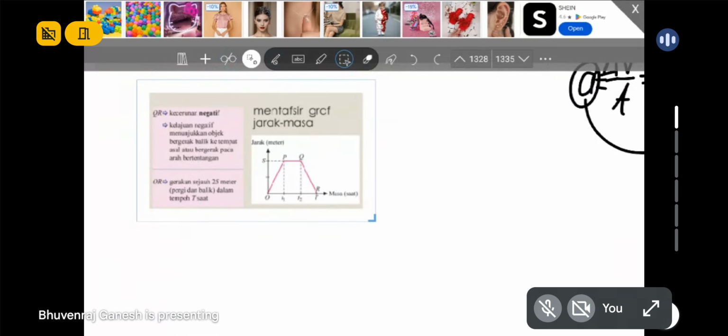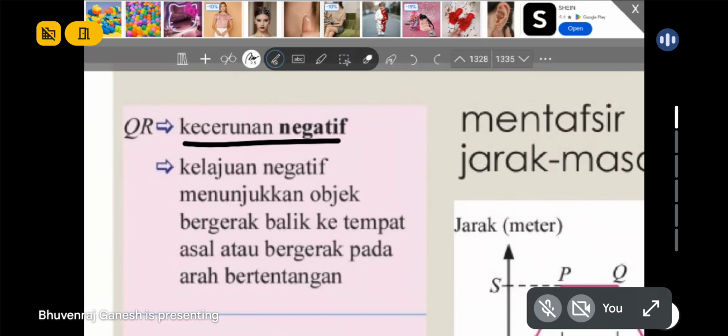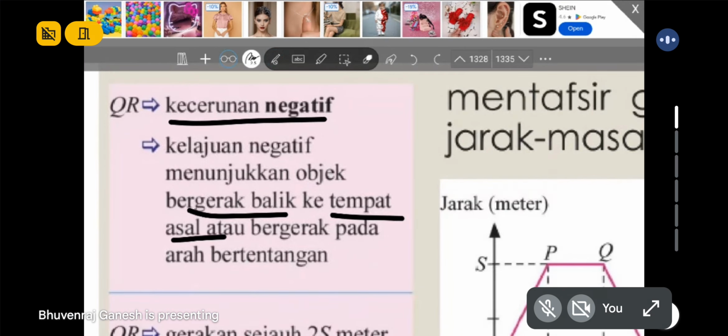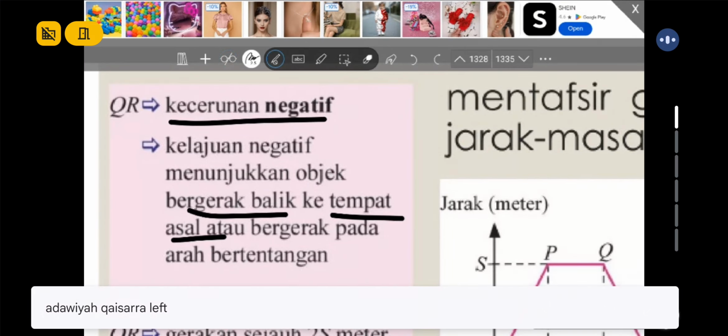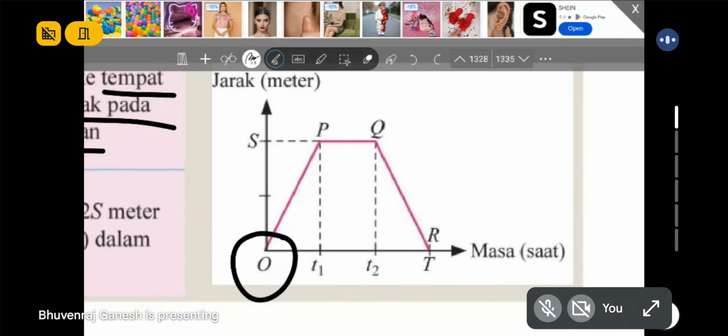For QR, you can say negative gradient, and it shows that the object is going back to the original place, or going in the opposite direction. Either you are going back to the original place, which is O, or you are going in the opposite direction.